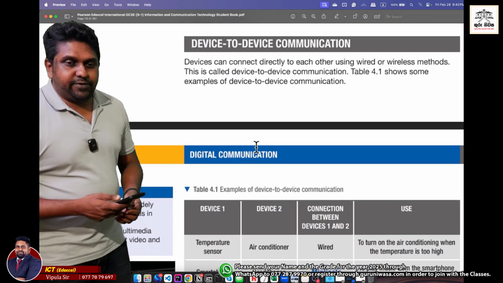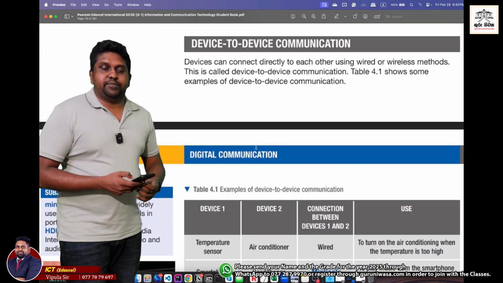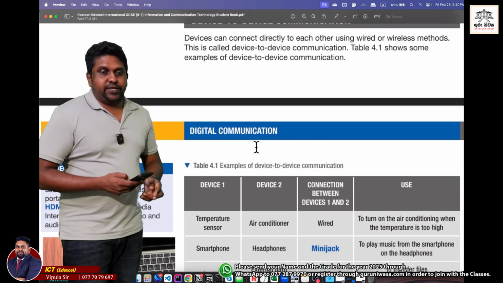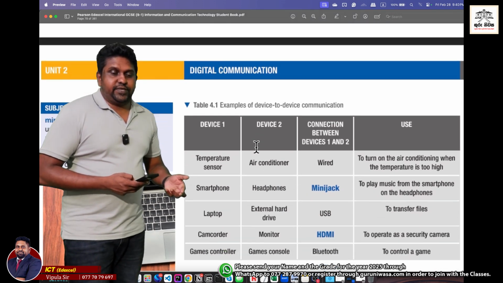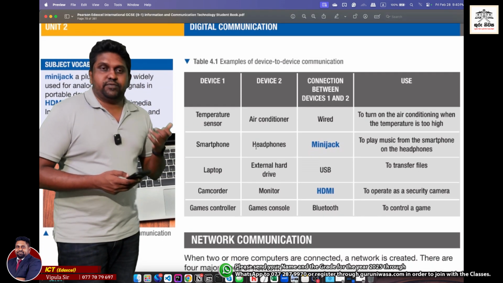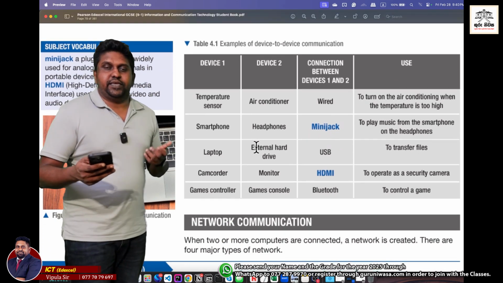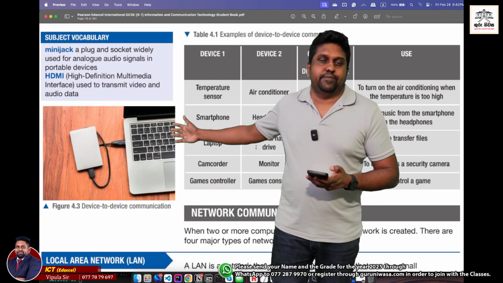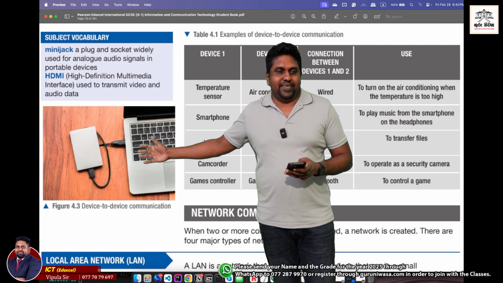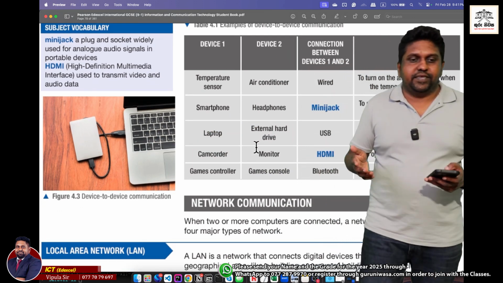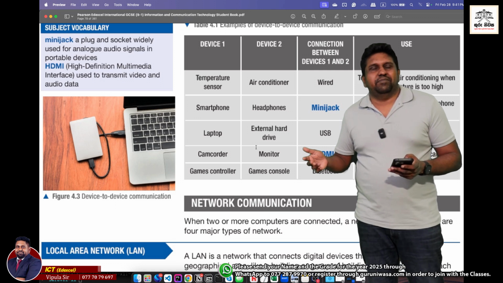Then we jump into a concept called device to device connections or communication. Device to device communication is something similar to just plugging a storage device into your PC, right? Or let's say you plug in an HDMI cable.